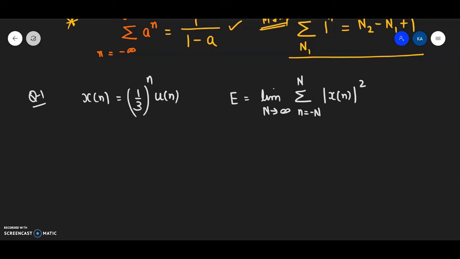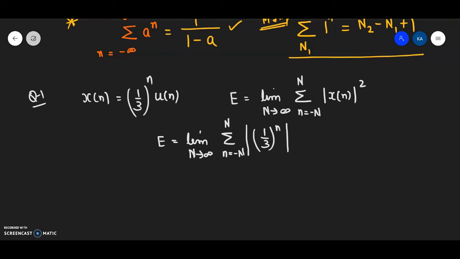Fine, this is how we'll be finding the energy. Now let us put the values. This will be limit n tends to infinity, and here you will be getting n running from minus n to plus n, and on doing this square you will be getting 1 upon 3 to the power n.